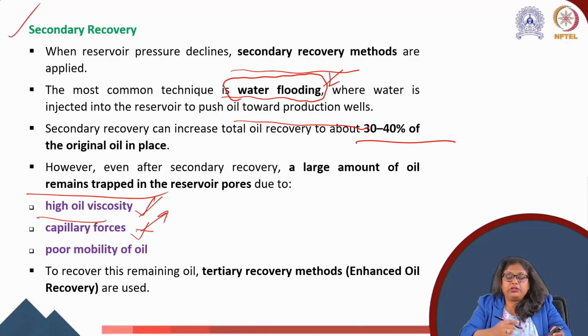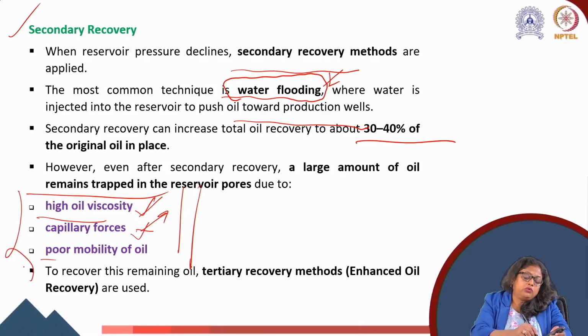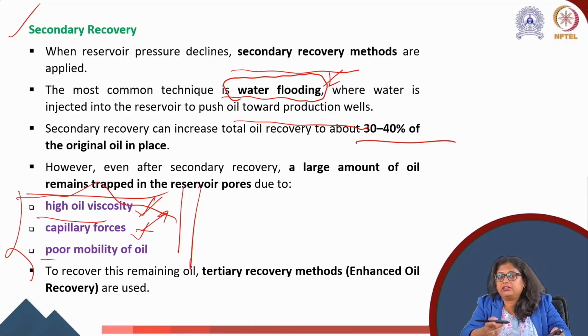So the first point is high oil viscosity, then the capillary forces, and the third is the poor mobility of oil. These three problems are the reason a large amount of oil is still trapped in the reservoir pores, and we require to break this. We have to reduce the viscosity, break the capillary forces, and give mobility to the oil.